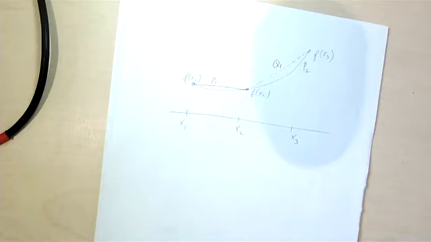You can use the same method to prove that the divided difference for 4 points can be computed by this formula: the divided difference in 3 points, take the difference, divide by x4 minus x1, and so on. Using induction, you can get a divided difference for k plus 1 points.